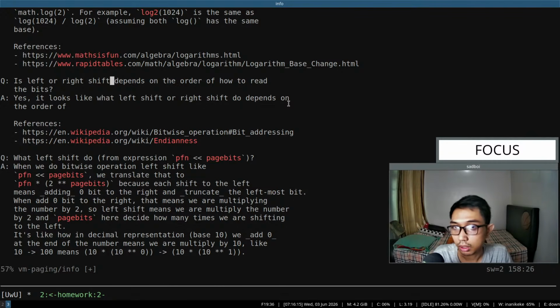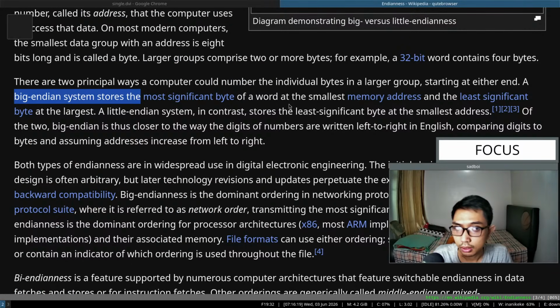Not how to read the bits. Most significant byte of a word at the smallest memory address and the least significant byte at the largest. Contrast, little endian stores the least significant byte at the smallest address.